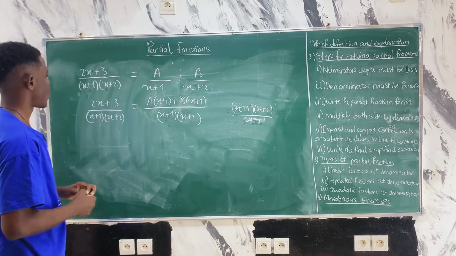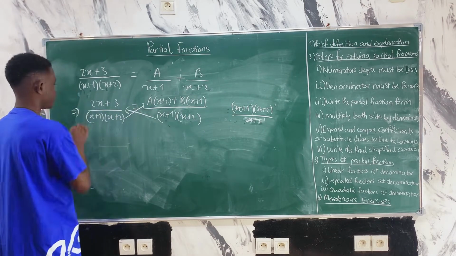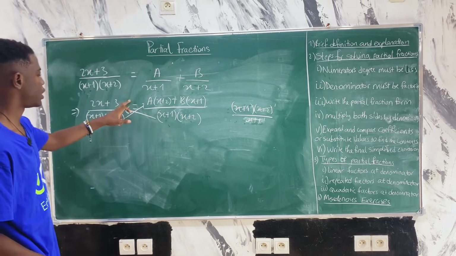So what we do next is we cross multiply. When we cross multiply, this will come here and this will come here.